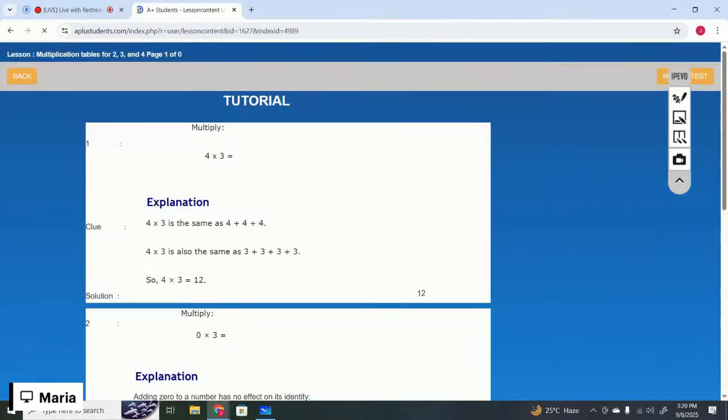Multiplication tables for 2, 3, and 4. Let's just start with the lesson. 4 times 3. We need to add 3 4 times, or yes, 12 it is. 4 times 3 is 12.